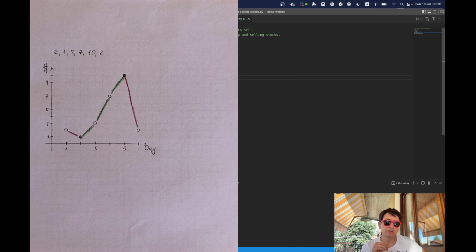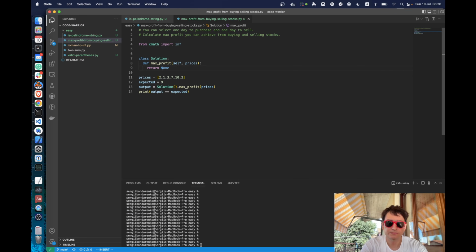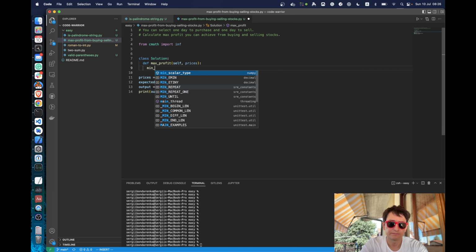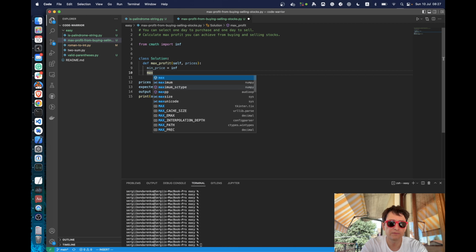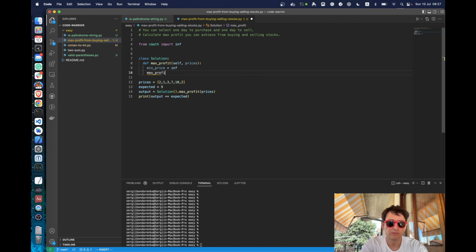So let's look at how it works with the code. Let's set minimum price to something big, infinity, and max profit to 0. So let's loop.